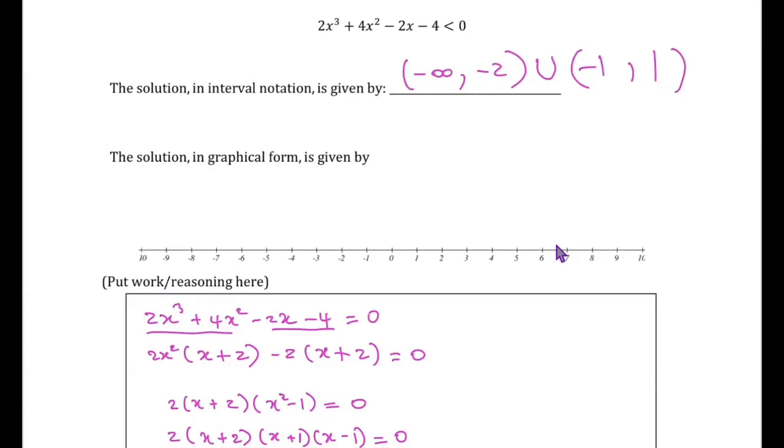And if we want to graph this solution, we're going to have an open circle on -2. It's open on -2.